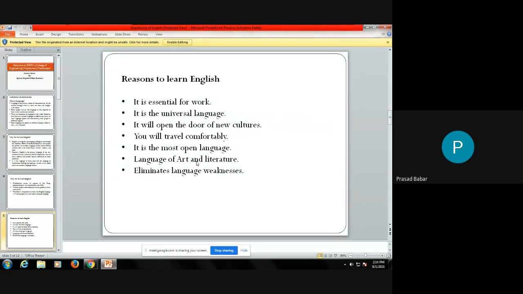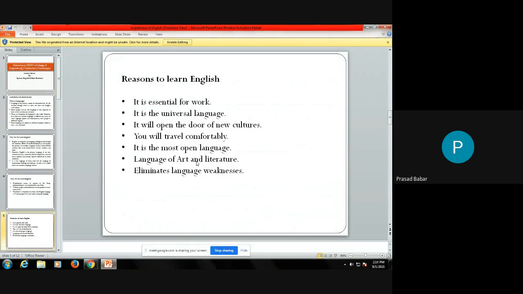But in Maharashtra, we can understand only Marathi, Hindi, or English. So if someone does not understand Hindi or Marathi, then he will have to speak in English only.